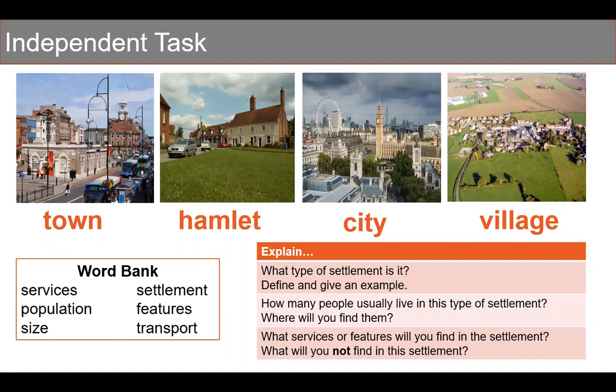You need to tell me what services or features you would find in each settlement, and you can use the activity you've done earlier to help you answer that one. And also tell me which features you would not find in each settlement. You can also use the word bank to help you with your spellings of services, population, size, settlement, features, and transport. Okay, you can pause the video now to do that.